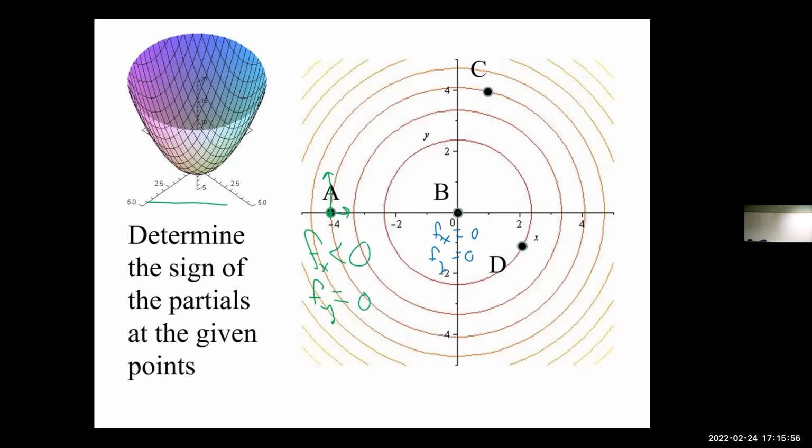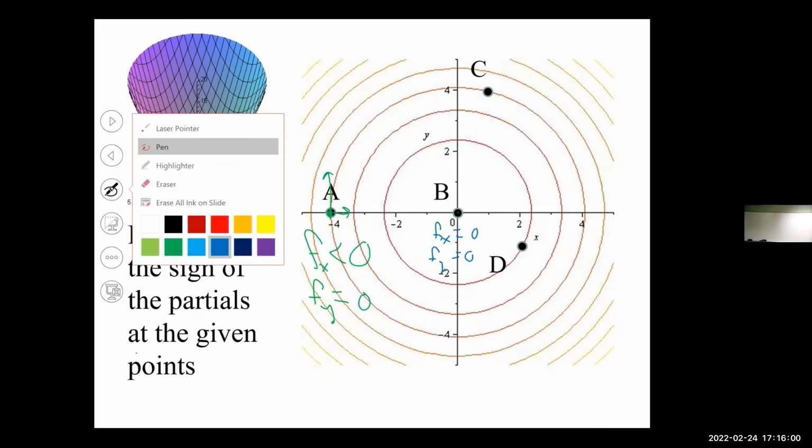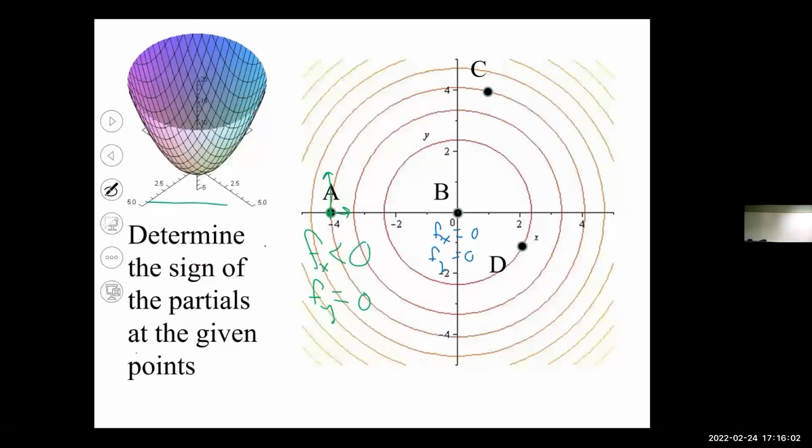So what about point C? Let's start with f sub x. That would be moving essentially in this direction, but again, we've got to consider it instantaneous. Is the z value increasing, decreasing, staying the same?